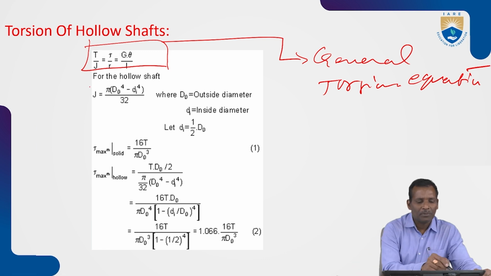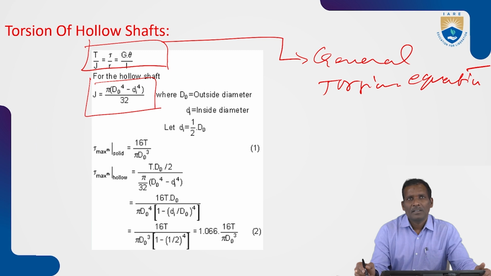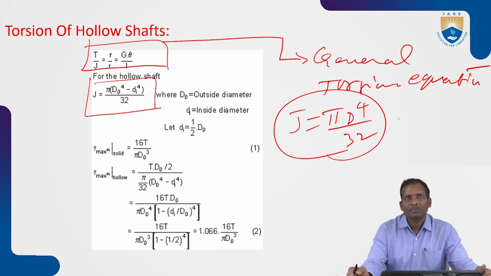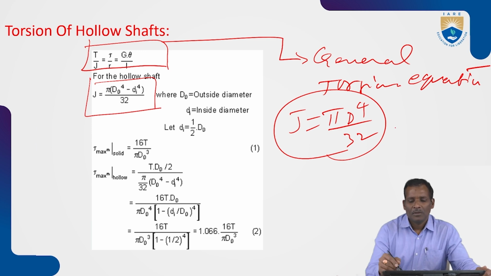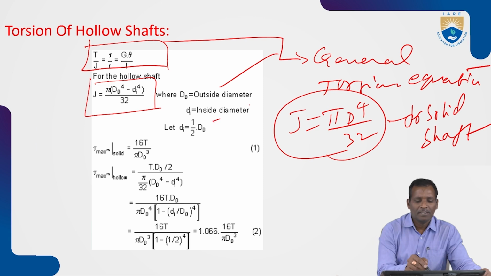So for the solid shaft, J is equal to pi d to the power of 4 by 32. In the case of hollow shaft, d naught is outside diameter and di is inside diameter.